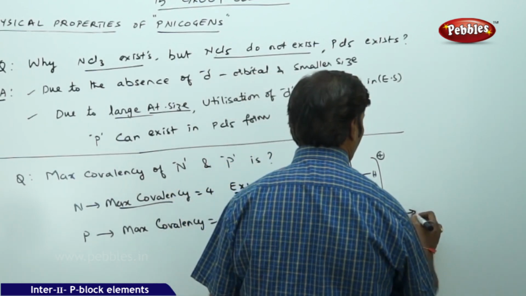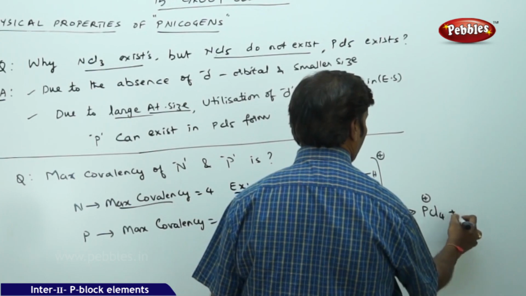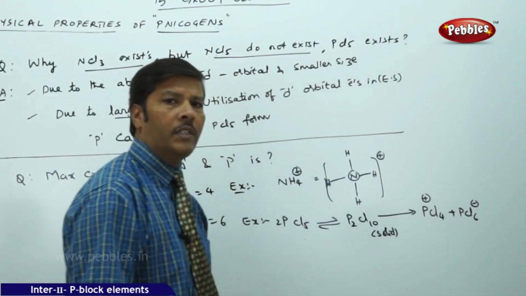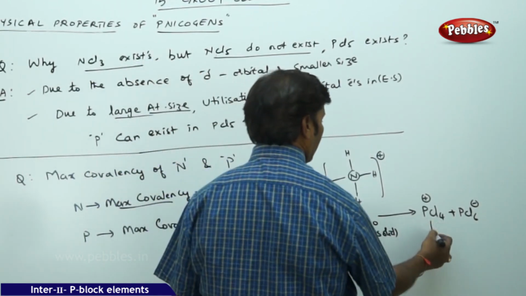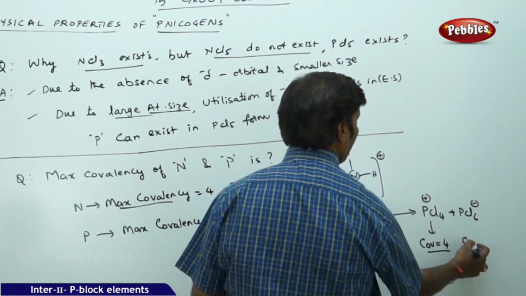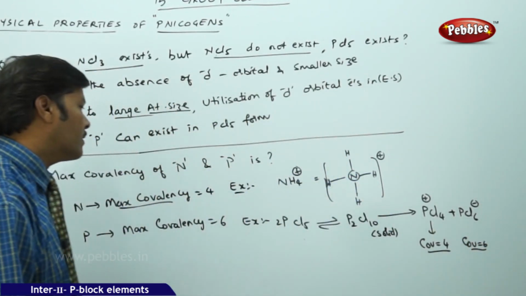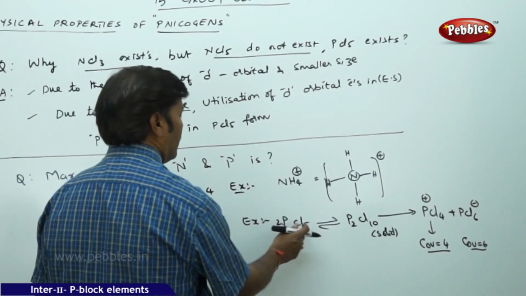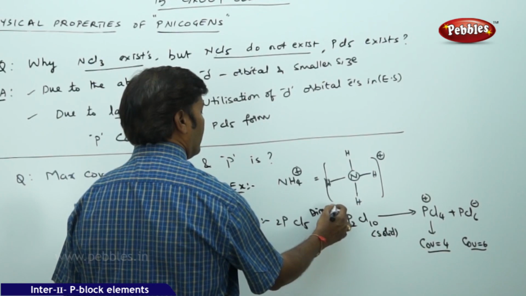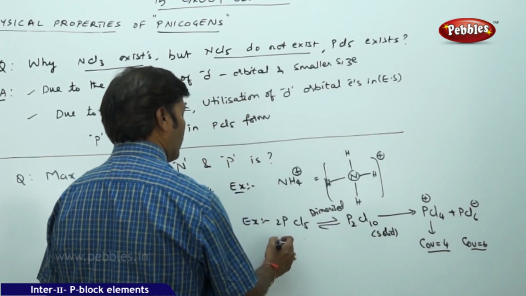This decomposes to give two species: PCl4 plus and PCl6 minus. In PCl4 plus the covalency is 4, and in PCl6 minus the maximum covalency is 6. That means phosphorus pentachloride tries to dimerize, giving P2Cl10 from the two monomeric forms.